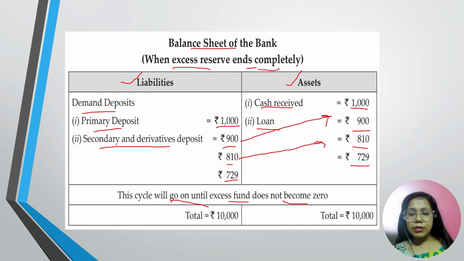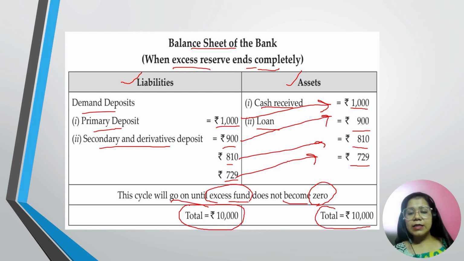And again this process will keep on going till the excess fund becomes zero, because at that time we will have no amount to give as loans. So here also the total will come out to be 10,000 rupees, and even in asset side the total comes out to be 10,000 rupees. So this is our balance sheet of the banks.